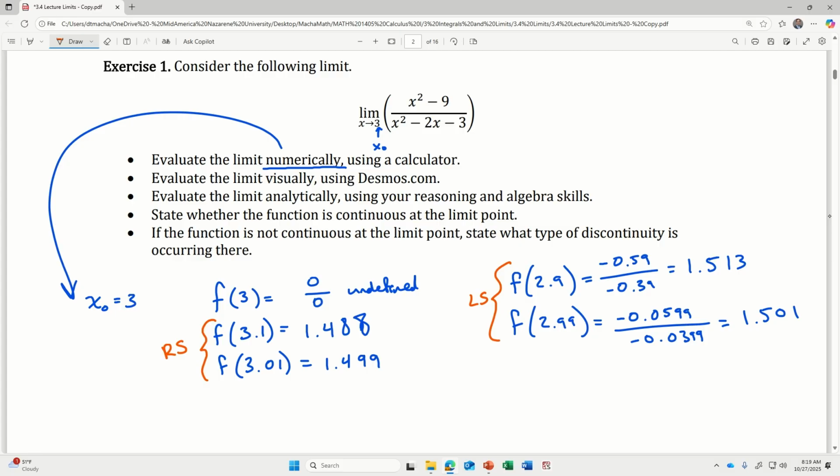Because these numbers on the right side look like we are approaching 3 from the right side and getting closer and closer to 1.5. Over here, if I'm approaching 3 from the left side, it looks like we're approaching 1.5.